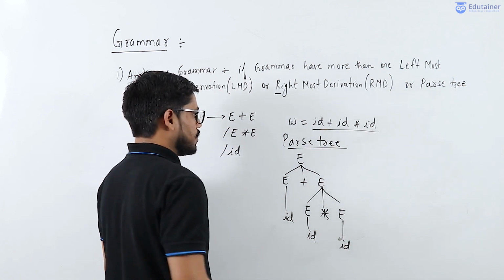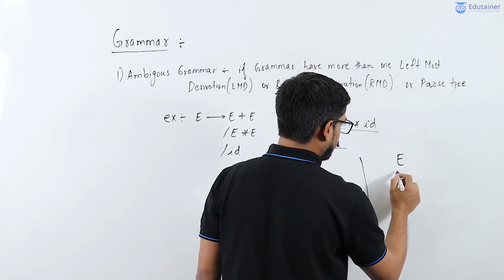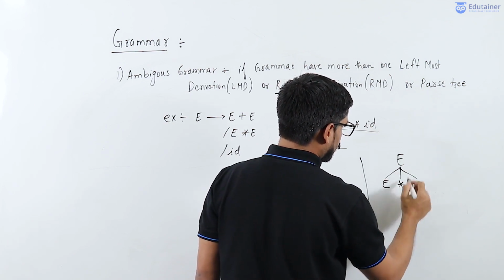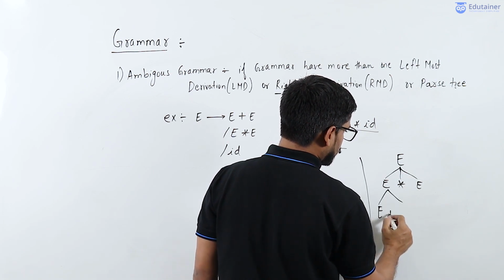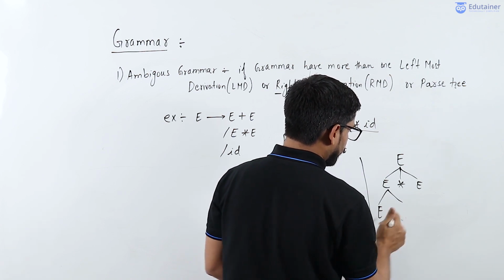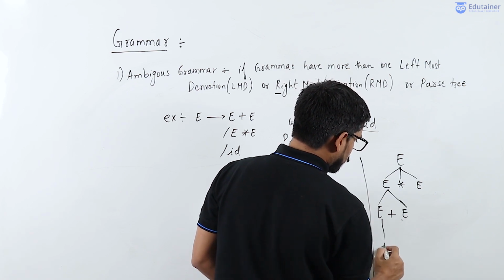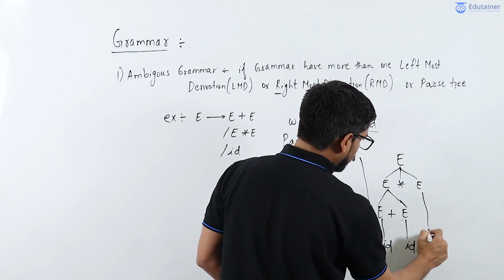Similarly, you can also construct it in another way. E derives E star E, then this E will derive E plus E, and then it is replaced by ID, ID, and finally ID.